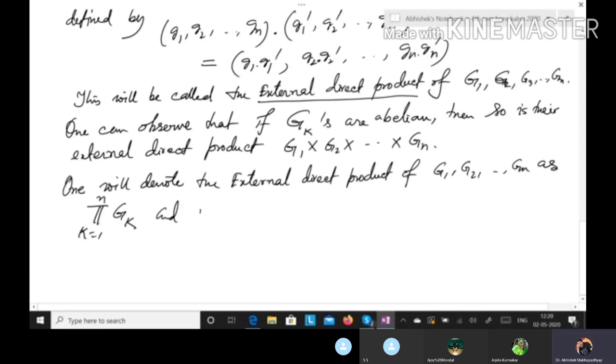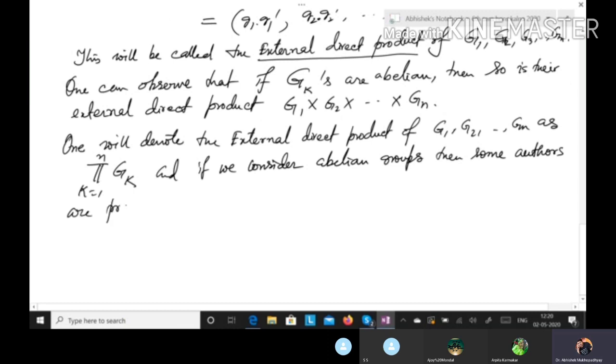And if we consider abelian groups, then some authors prefer to use the notation Gk, k equals 1 to n.